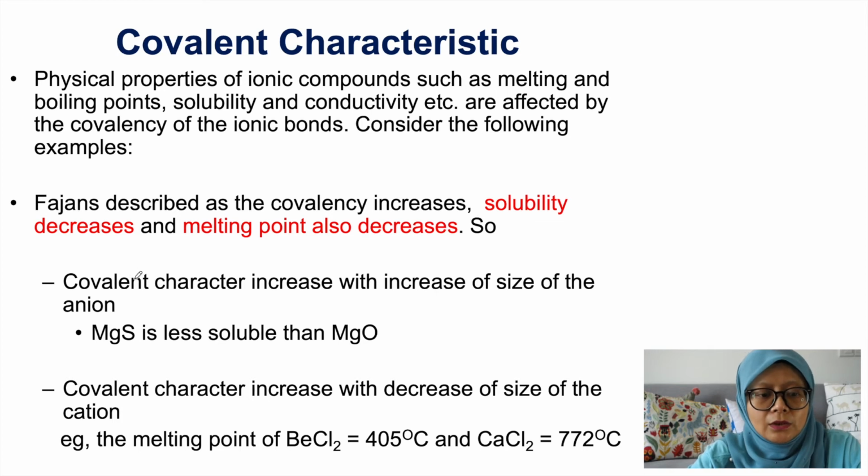So here we have magnesium sulfide and also magnesium oxide. The covalent character increases with increase of size of the anion.